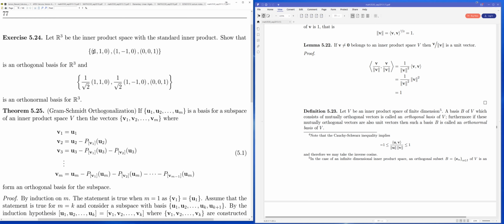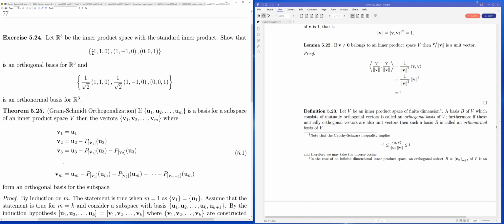If I take the dot product of (1, 1, 0) with (1, -1, 0), this gives me 0. The dot product of (1, -1, 0) with (0, 0, 1) gives me 0. And the dot product of the first and the third gives me 0. So these are mutually orthogonal, and they are also a basis. So this is an example of an orthogonal basis.